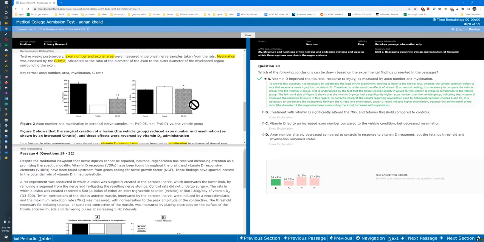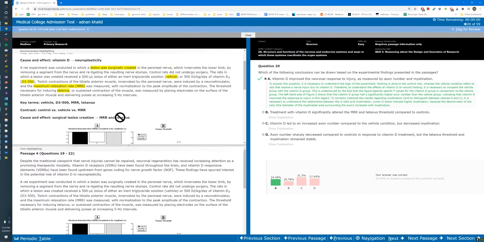So okay, this basically doesn't tell you much about both of these things increasing when they are. But it's right because it's a response to injury. That means we're comparing it to the vehicle, because here the control did not undergo surgery.